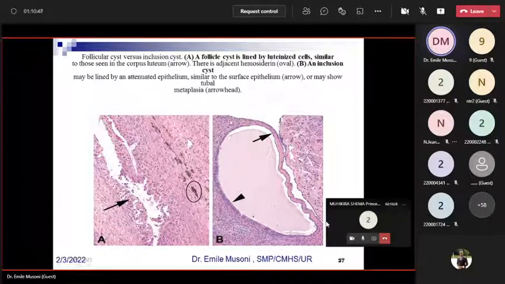So don't be surprised when you are in district hospitals and on the report you find follicular cyst and then inclusion cyst. Make sure that you know that this one is lined by luteal cells and this one by the epithelium of the ovary. And both are benign, they're not malignant.